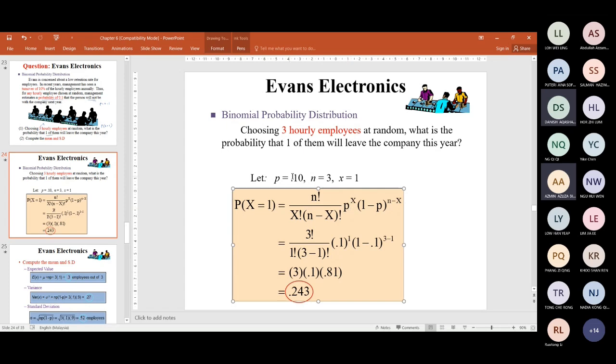P is 0.1, so 0.1 to the power of X, X is 1, so power of 1. 1 minus P, so 1 minus 0.1, to the power of N minus X, 3 minus 1. Straight away, use calculator, you get 0.243. So this is the probability that one of the employees will leave the company this year. So 0.243, 24.3% chance that the employee will leave the company. It's quite high actually, 24%.